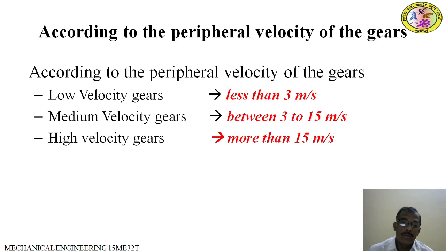They are classified into three categories. One is low velocity gears, with peripheral velocity less than 3 meters per second. Medium velocity gears, between 3 and 15 meters per second. High velocity gears, more than 15 meters per second.